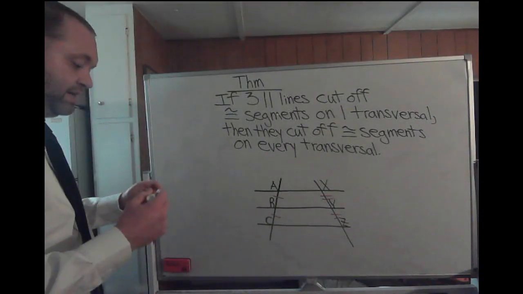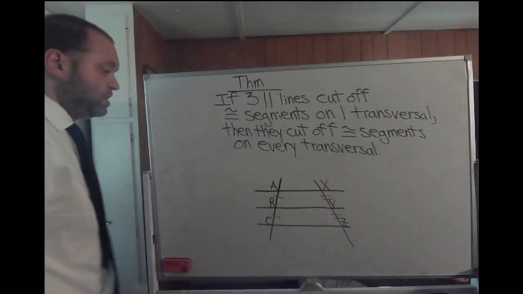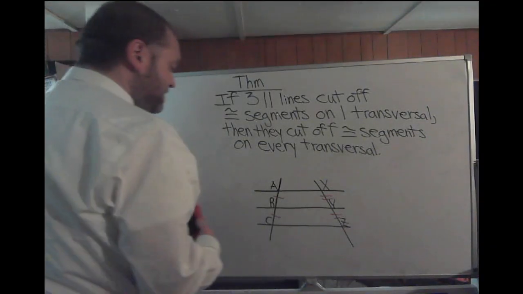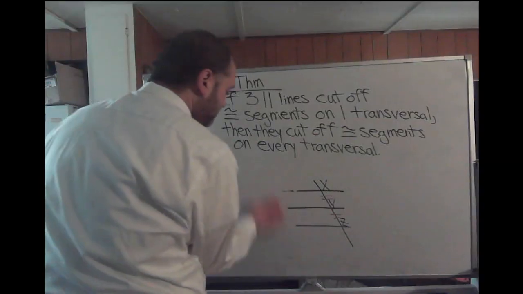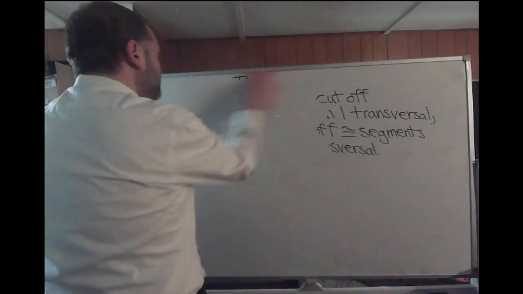That's what that means. So that's all that means. And now we're going to put this theorem into practice with some exercises here. So let's go ahead and do just that.